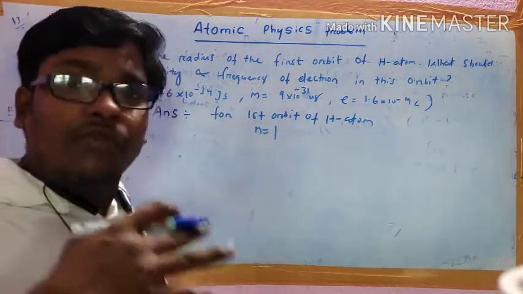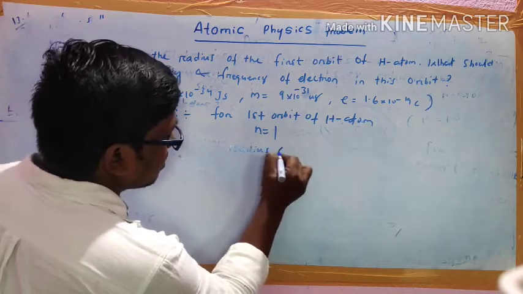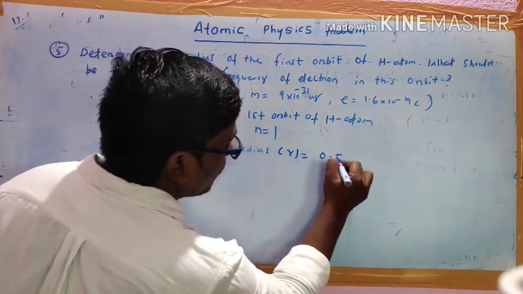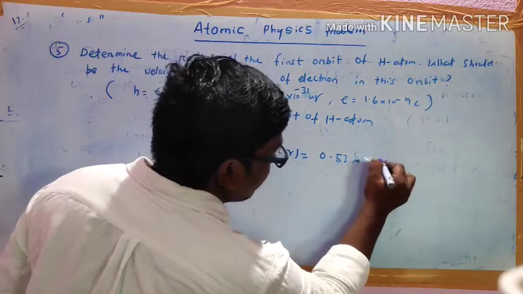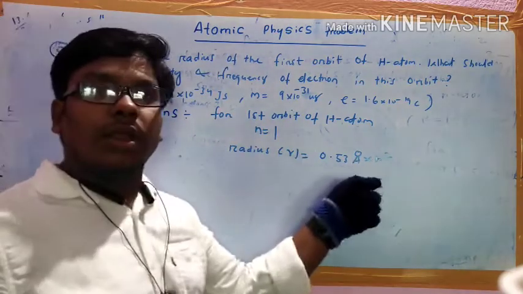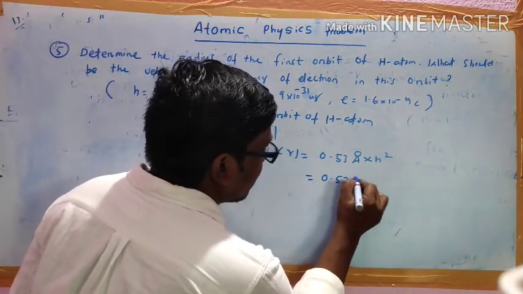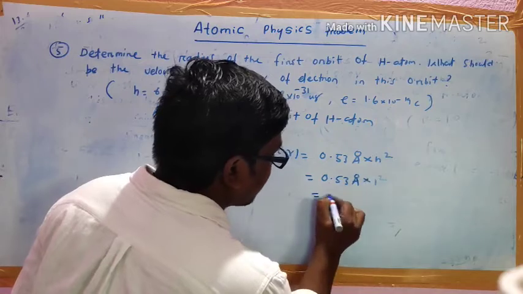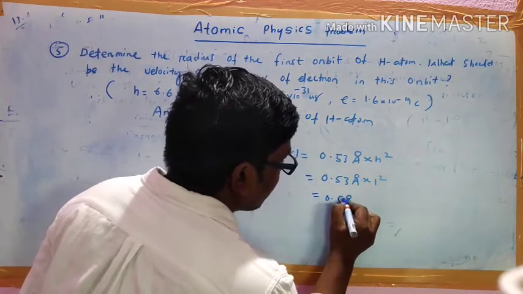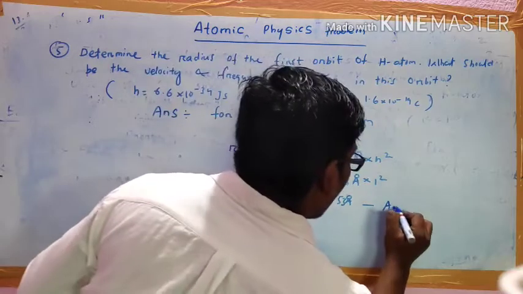So we have the formula: radius r is equal to 0.53 Angstrom into n square. Put n is equal to 1, you will get the answer. 0.53 Angstrom into 1 square is equal to 0.53 Angstrom. This is our answer.